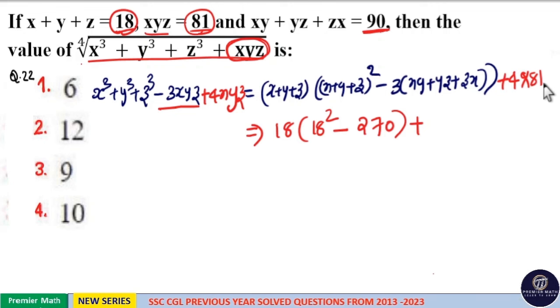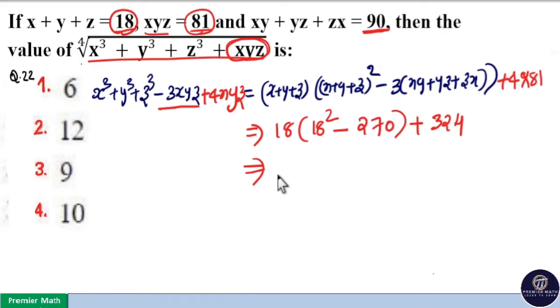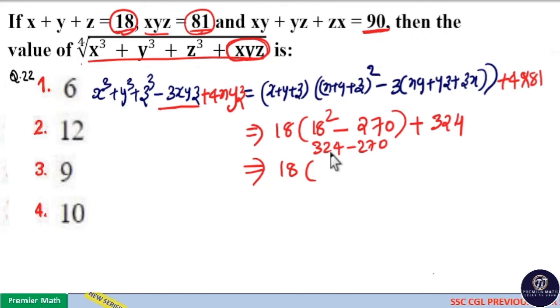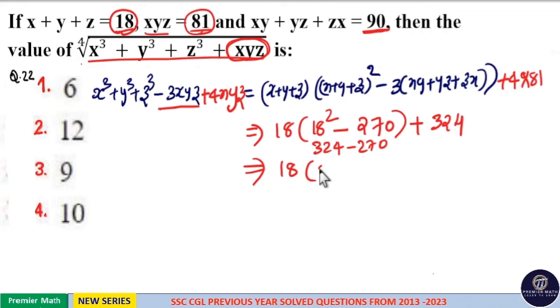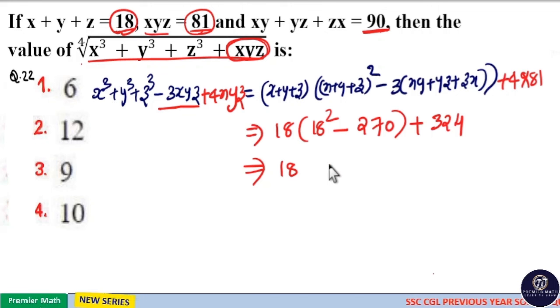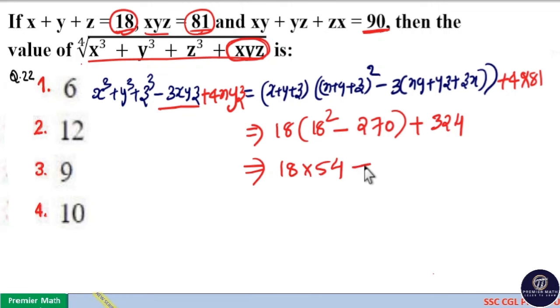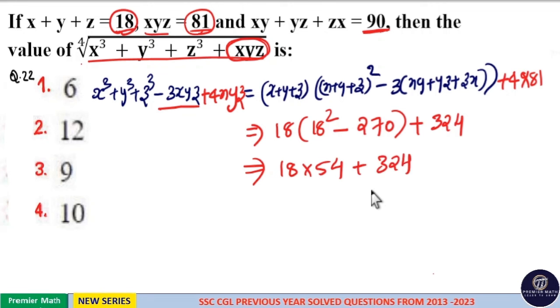80 into 4 is 320, 1 into 4 is 4, so 324. Now this is equal to 18 into, 18 square is 324, and 324 minus 270: 324 minus 300 is 24, 24 plus 30 is 54. Now this is equal to 18 into 54 plus 324.